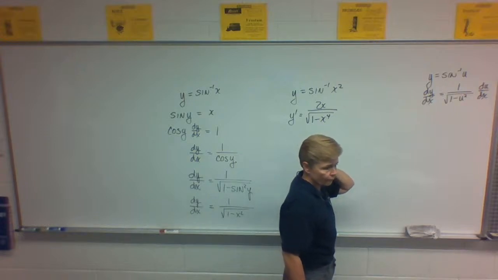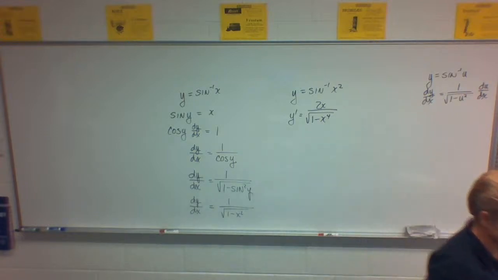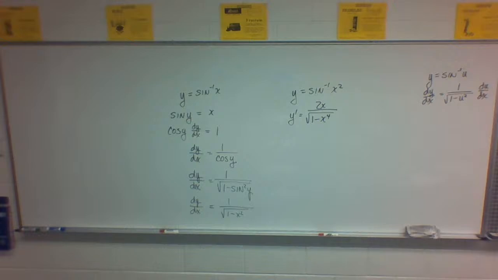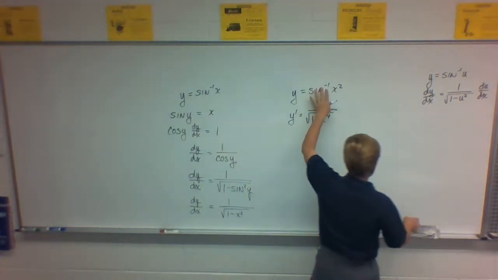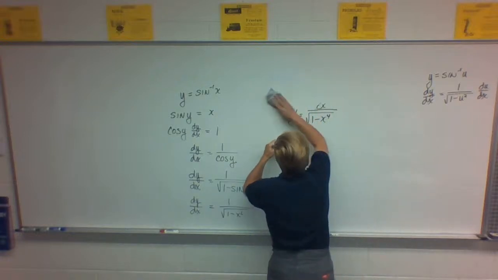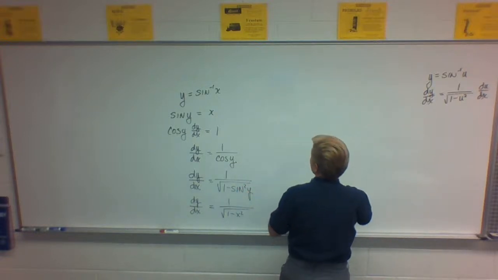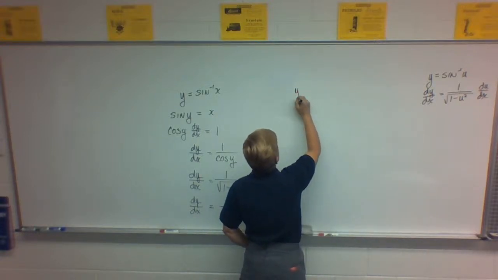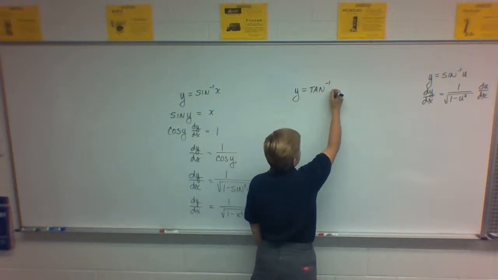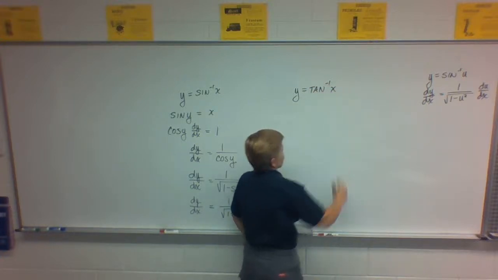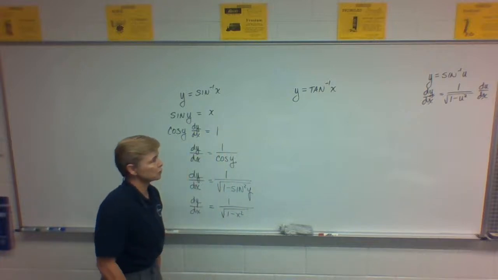Chain rule. Okay, now let's see what we can do for inverse tangent, following a similar strategy. This was just an example, so I'm going to erase it. Let's say that we've got y equals the inverse tangent function of, let's just do x for right now, so we don't have to deal with the chain rule.